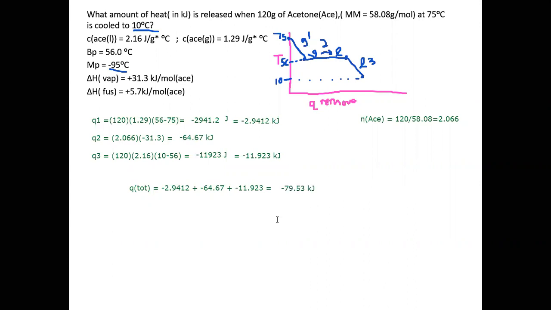Let me double check my work. So the amount of heat that's released is negative 79.53 kilojoules.